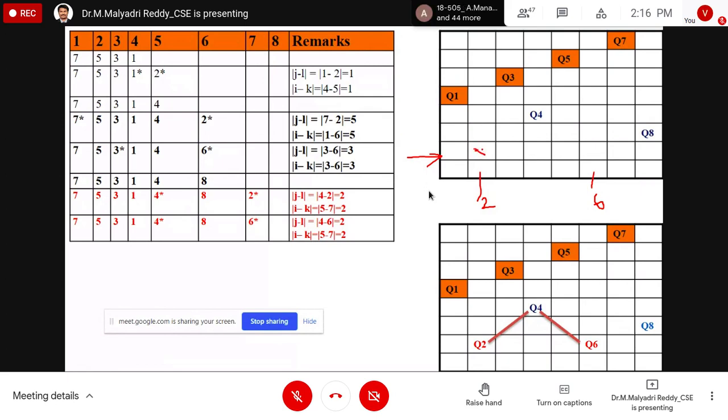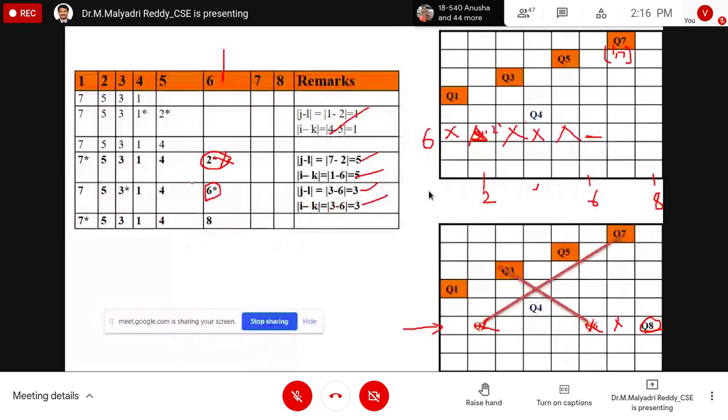Q2 conflicts with this Q4, simply a diagonal conflict. So this is 5, 4.